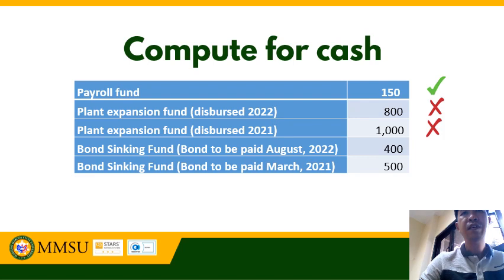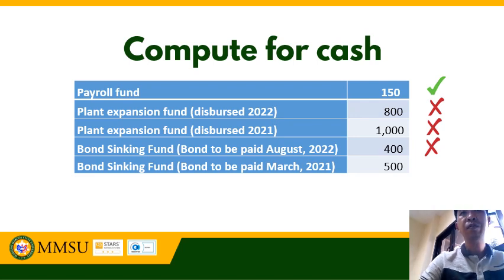Bond sinking fund. The bond is to be payable August 2022. Is this part of cash? Answer? No. It is payable in the long term. The bond is long term. The related liability is long term. The cash fund is also non-current. It is not part of cash and cash equivalents.